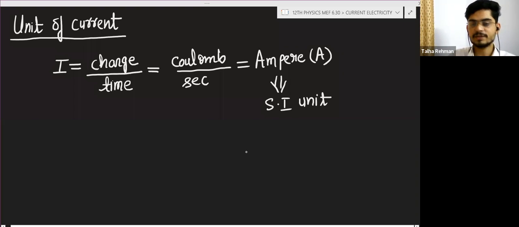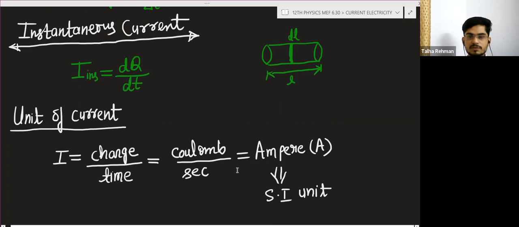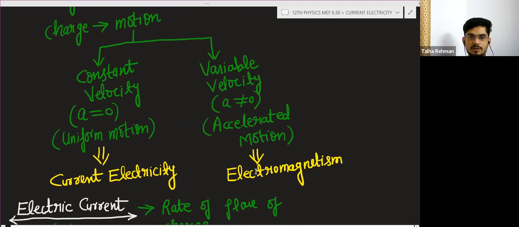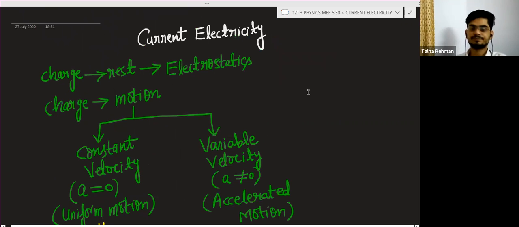Now we have discussed what is current, then what is average current and instantaneous current, and after that the unit of current. Now we will discuss whether the current is scalar or vector. Please note it down, and please ask me to scroll down when you have finished.